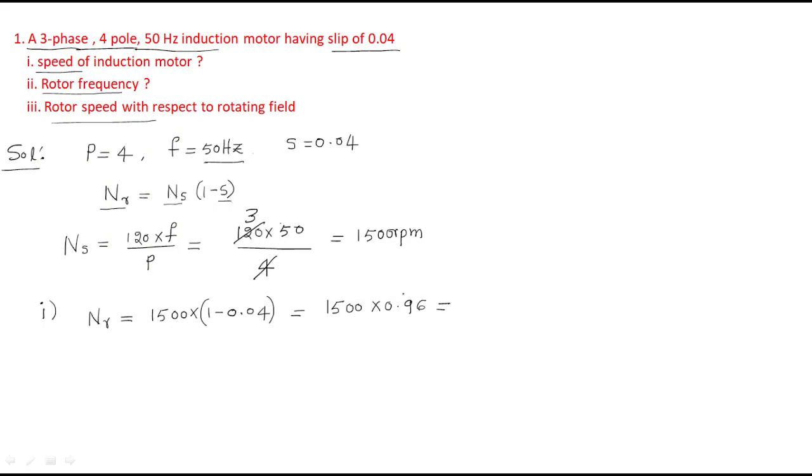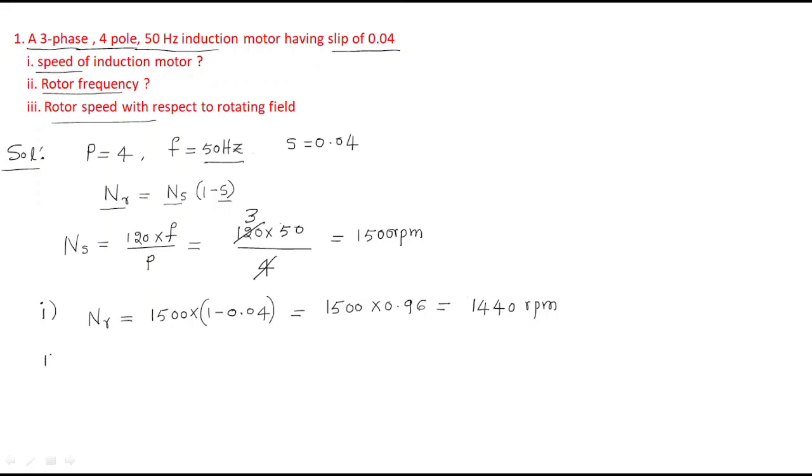So 1500 into 0.96, we will get 1440 rpm. So the induction motor rotates with a speed of 1440 rpm.